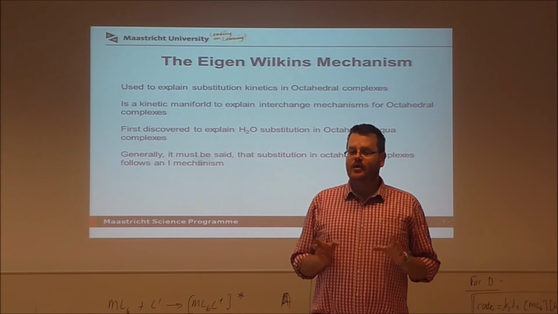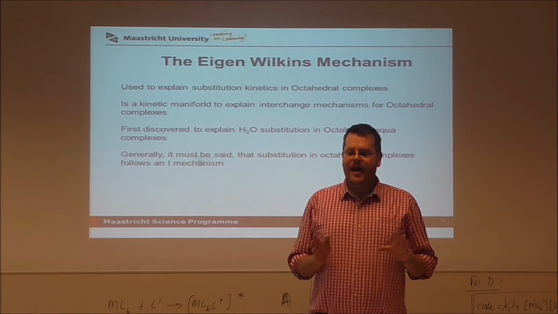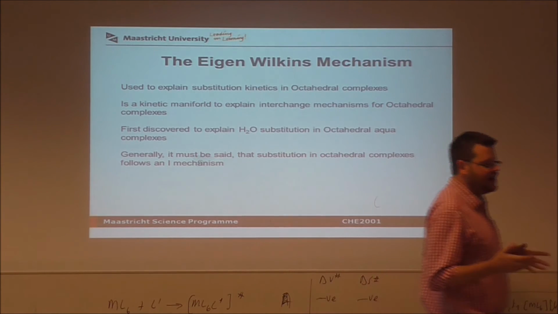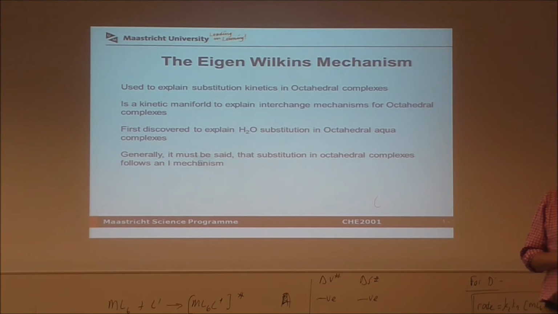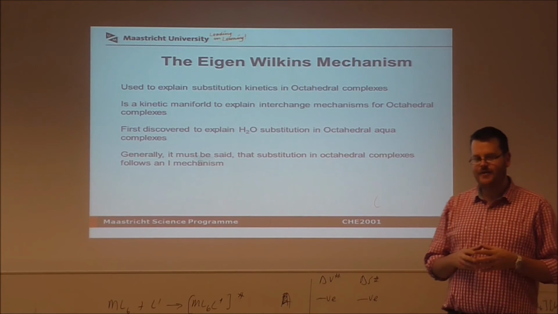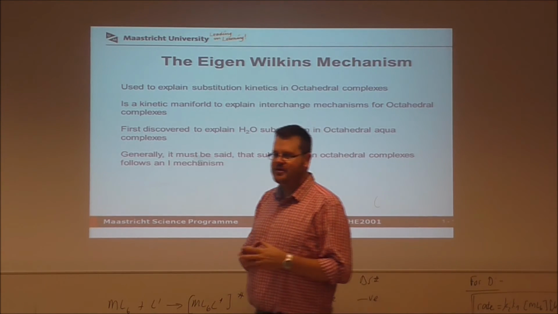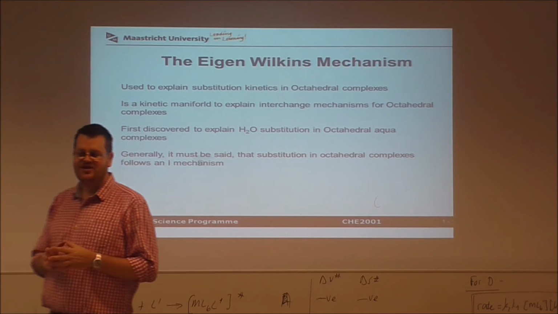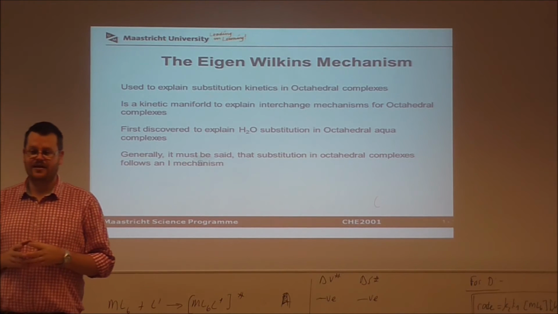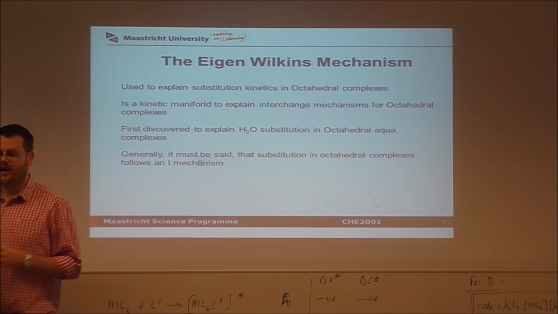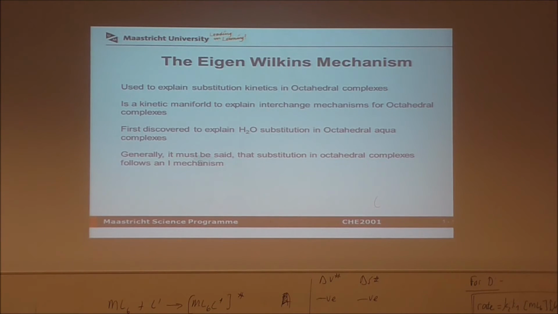Now, you can think of the Eigen-Wilkins mechanism actually as a mechanistic rationale of the interchange mechanism, which we've not looked at. We've looked at A and we've looked at D. But it turns out that the substitution of water molecules in octahedral complexes generally follows an I mechanism, IA or ID, interchange.